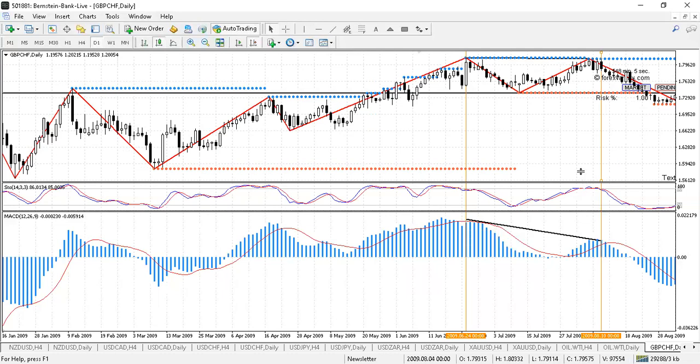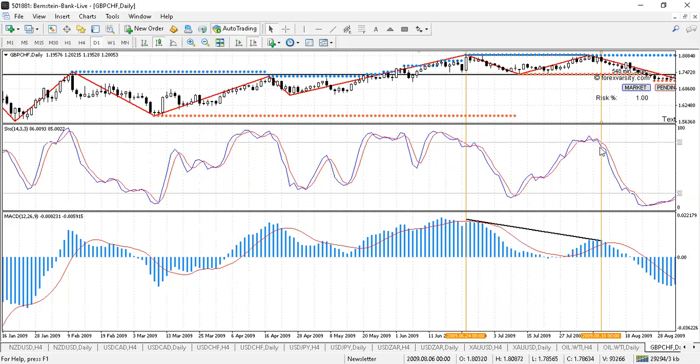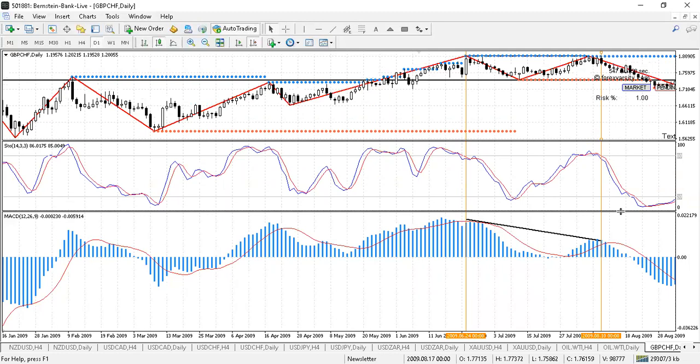And then I would want to see the stochastic pop down through there, obviously on the lookout for any candlesticks or Bollinger Bands or anything like that to add in our favor.